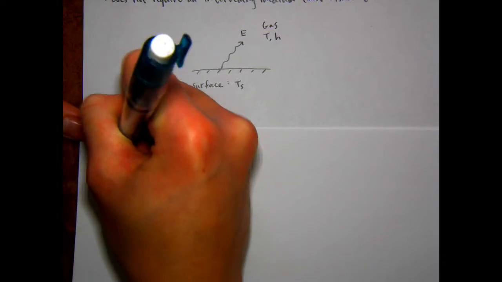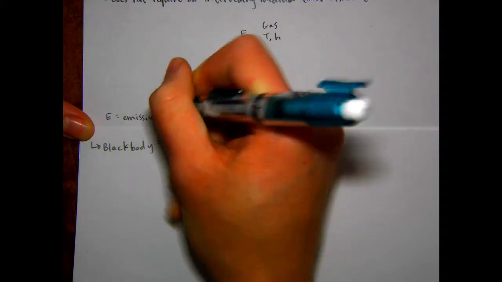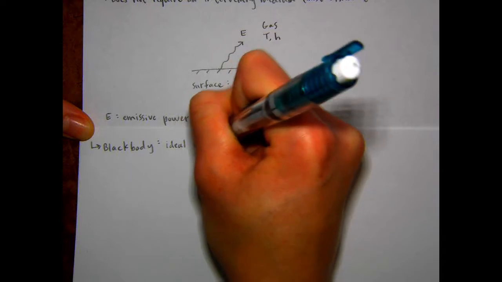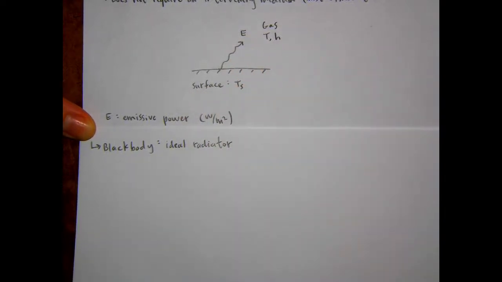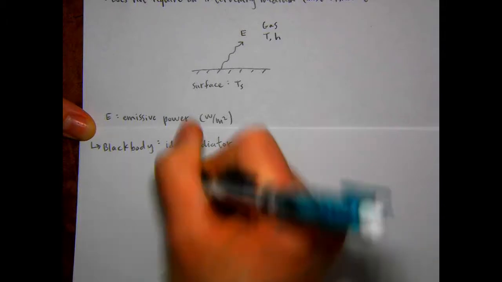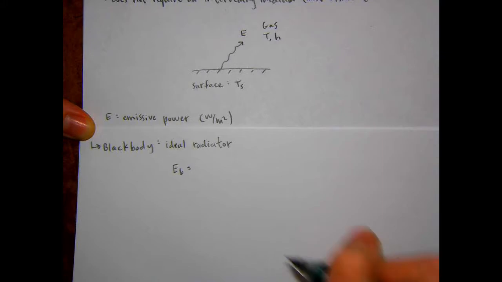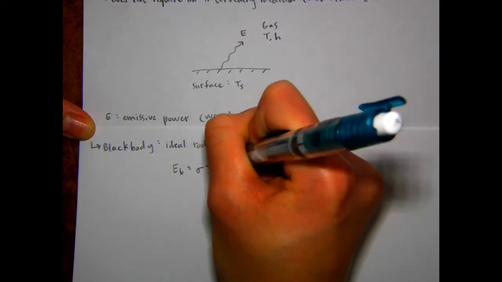So we'll say a black body is an ideal radiator. And the emissive power of a black body, E sub B, is equal to sigma T sub s to the fourth.